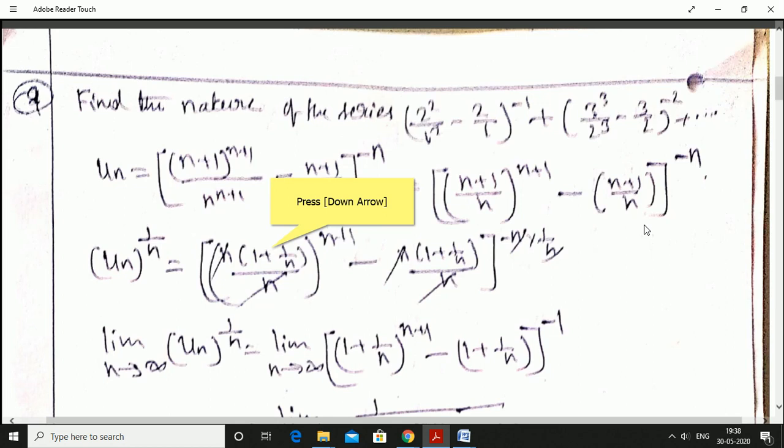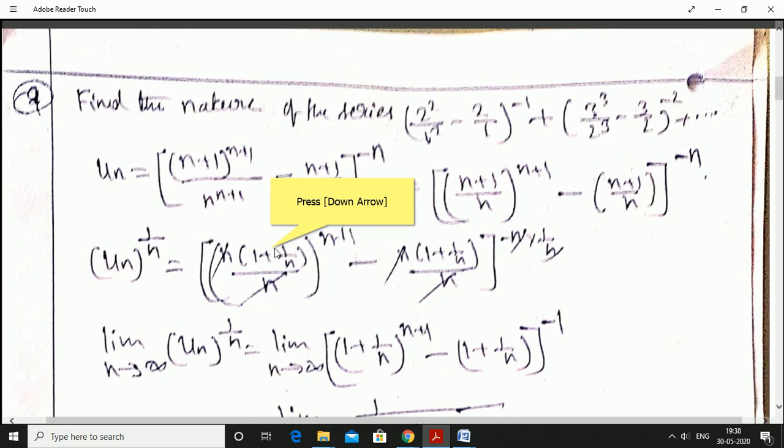That is un. Or else (n plus 1) power n plus 1 divided by n to the power of n plus 1 together can be written as ((n plus 1) divided by n) whole power n plus 1, minus ((n plus 1) divided by n) whole to the power of minus n.